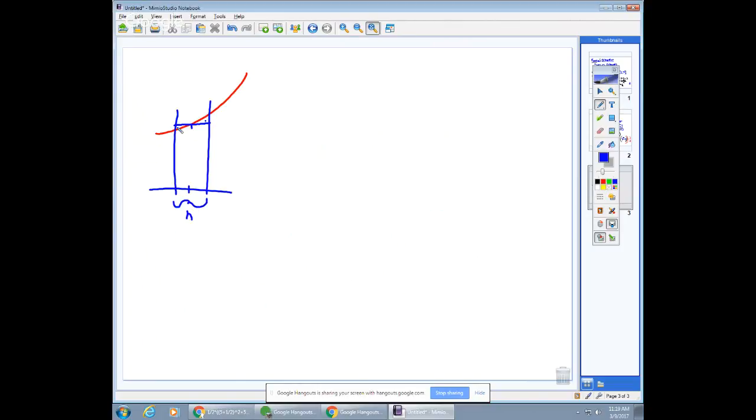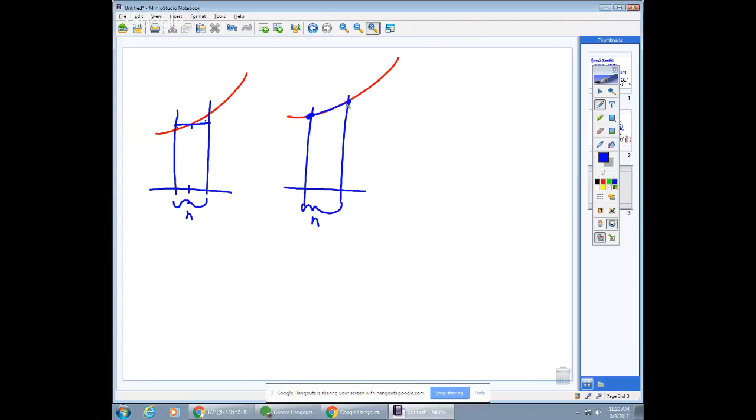Another way to do this would be, so let's redraw the curve, function, values, a width of h. What we could do instead is pick the right point and the left point and then connect them with a straight line.